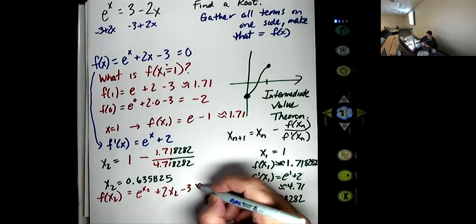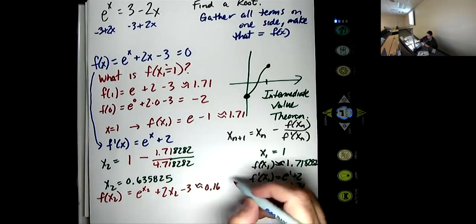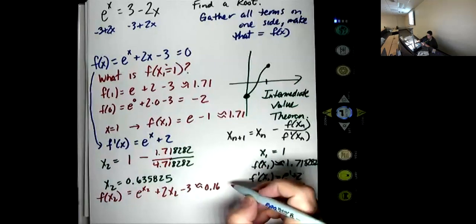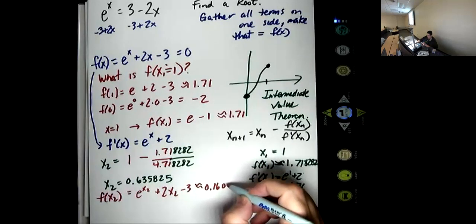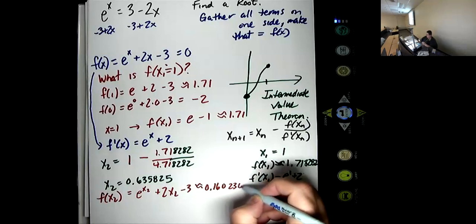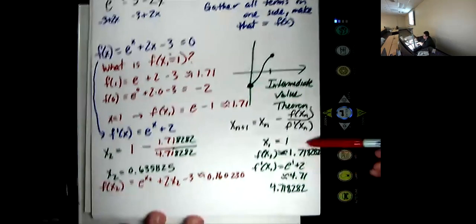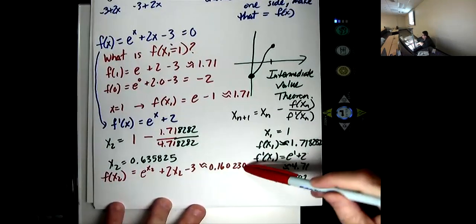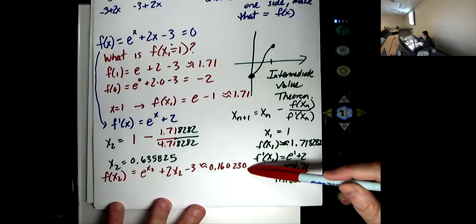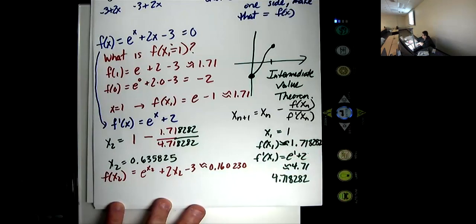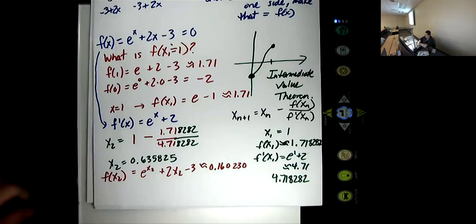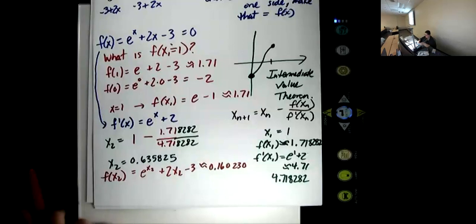I'm getting 0.160230 to 6 decimal places. We're closer to 0. See that? F of x1 was 1.71. F of x2 is now a lot closer to 0. Let's find f prime of x2.